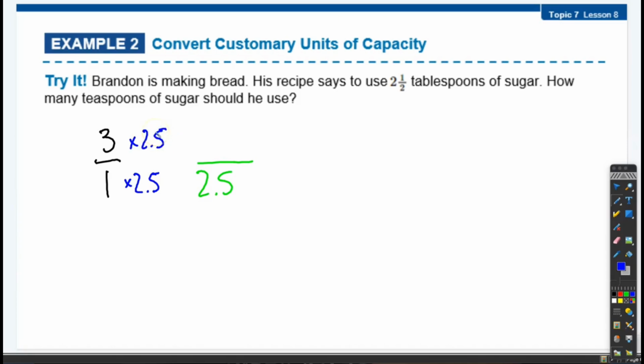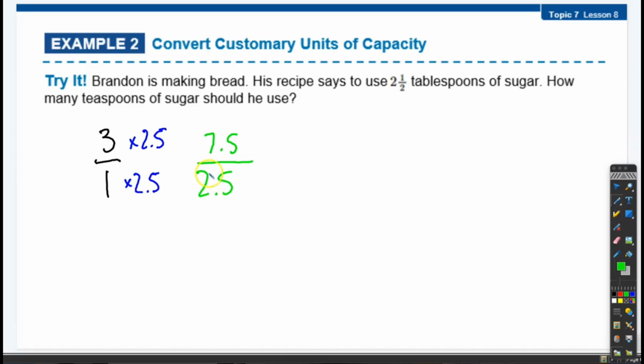is what, everybody? I can't hear you. It is 7.5. Okay? So we've got 7.5 teaspoons to 2.5 tablespoons.